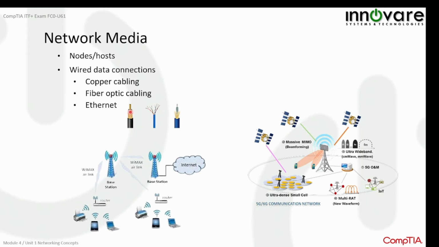And the type of connection sa mga stations or sa nodes, yung mga end devices, from coaxial and then copper. Actually, they are both copper. Ito coaxial cable, and this one yung tinatawag na twisted pair.